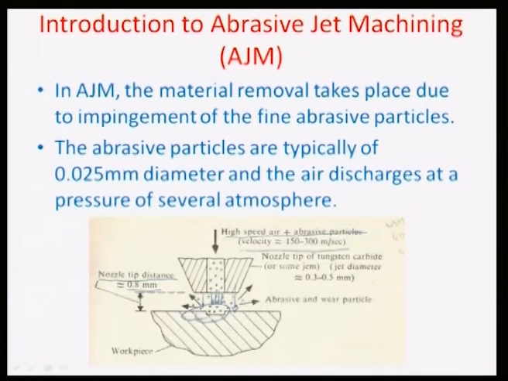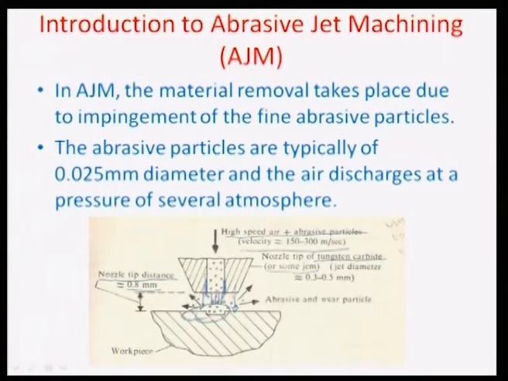The tips are normally made up of a very hard material, like let us say tungsten carbide, or maybe some other gem can be used for making the tip. The idea is that whenever the hard abrasive particles flow around this tip, as you can see here, they should not be able to cause much wear.